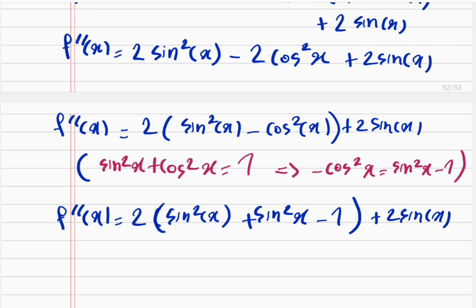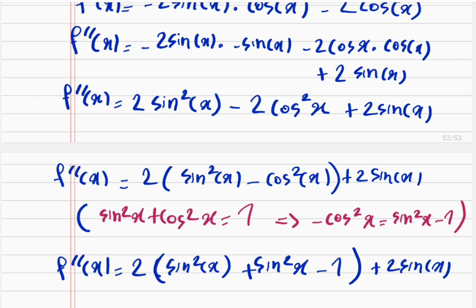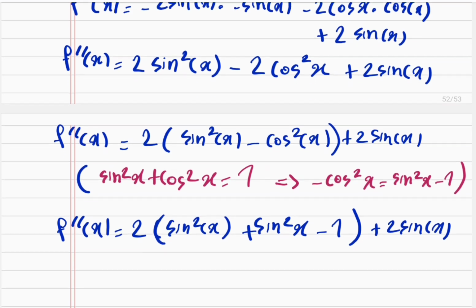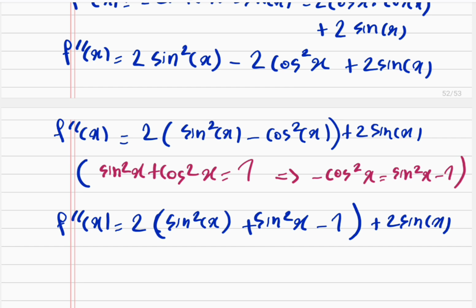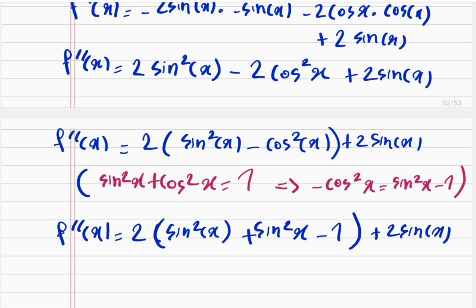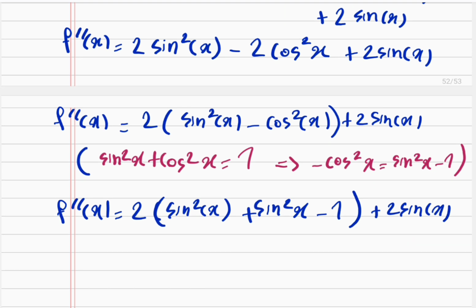And also one thing that I should have done earlier, but for some reason I forgot to do so, was that when we wanted to factorize f double dash x, we could have taken a factor of 2 sine x and had sine x inside the bracket, but for some reason I just didn't realize that.